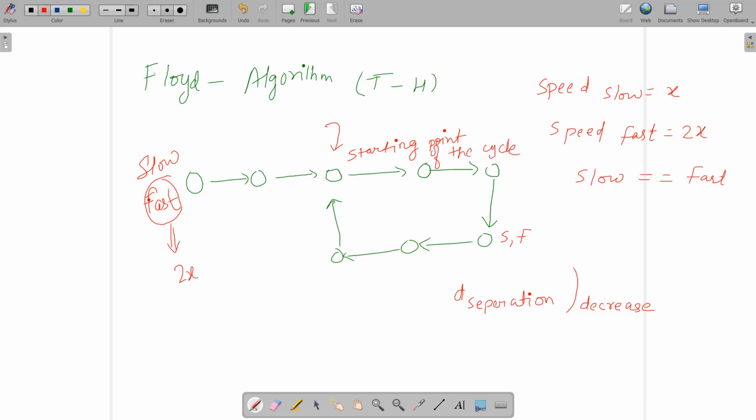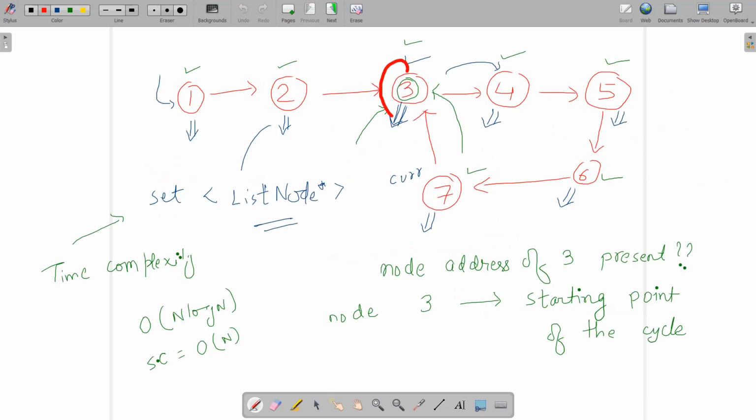If you use a set of visited nodes, you can easily find it, because you will store the visited nodes, and whenever you visit a node that is already visited, as I've explained in the previous example, then this will be our starting point of the cycle.